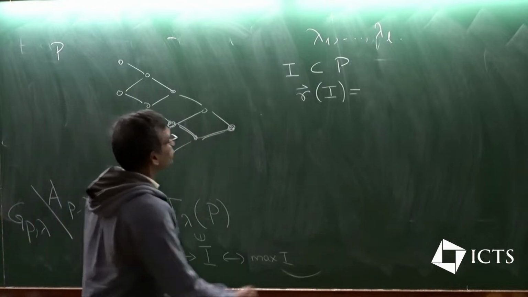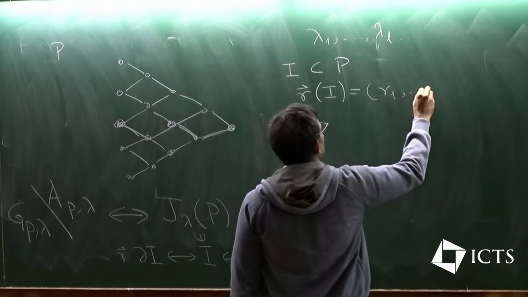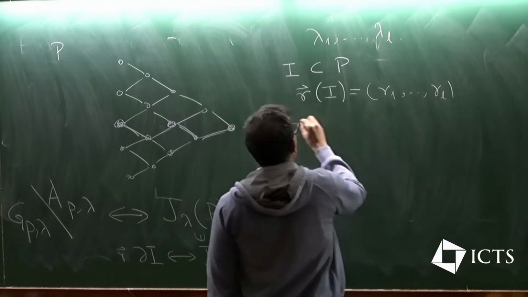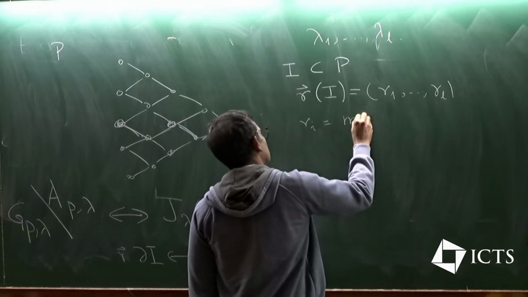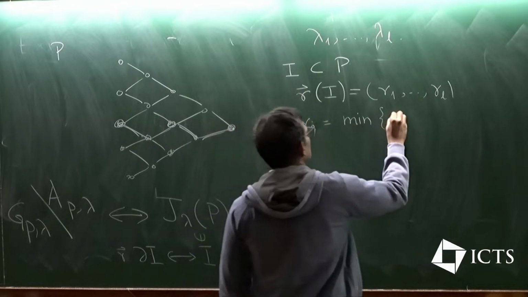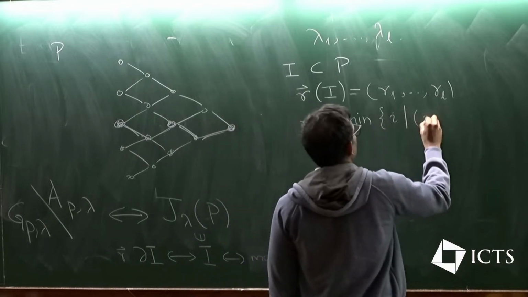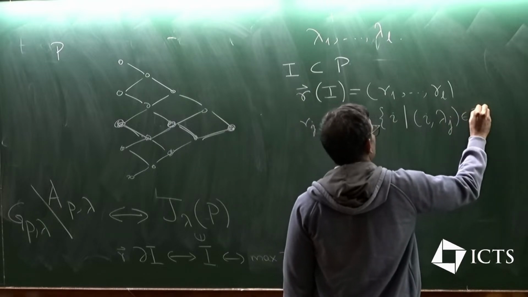And we'll just write this in terms of, so R_j is the least integer i such that (i, lambda_j) belongs to the ideal I.